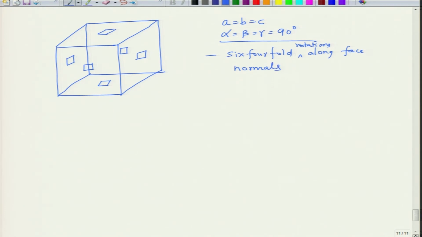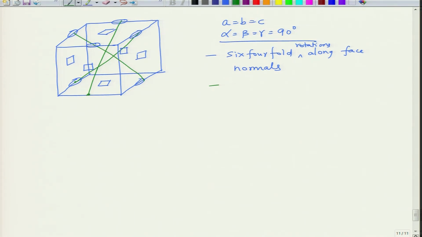You can also rotate cube by 180 degree along these diagonals. So if you put diagonals like this, I will use a different color. So if you connect this point and this point, if you connect this point and this point to that point, so you will have these diagonals connecting each other. So how many of these will you have?